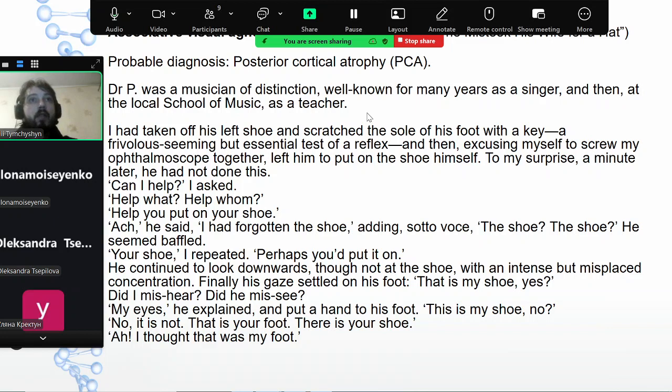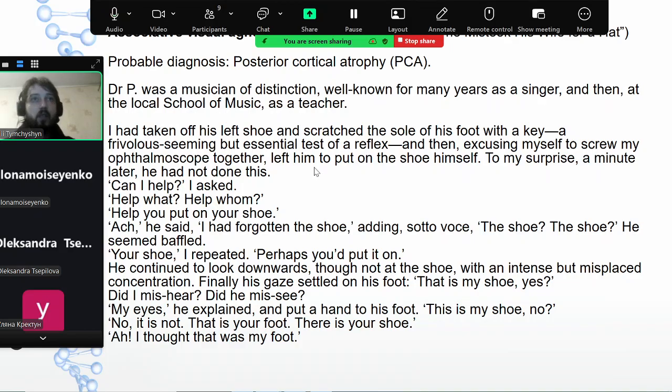But now this happens. So I will recite this part of the book. He says, I had taken off his left shoe and scratched the sole of his foot with a key, a frivolous-seeming but essential test of a reflex. And then, excusing myself to screw my ophthalmoscope together, left him to put on the shoe himself.